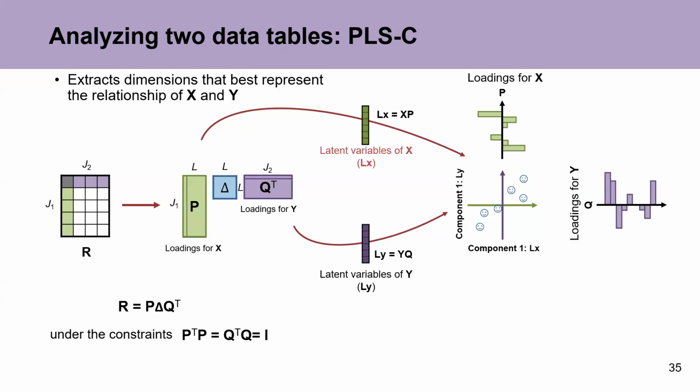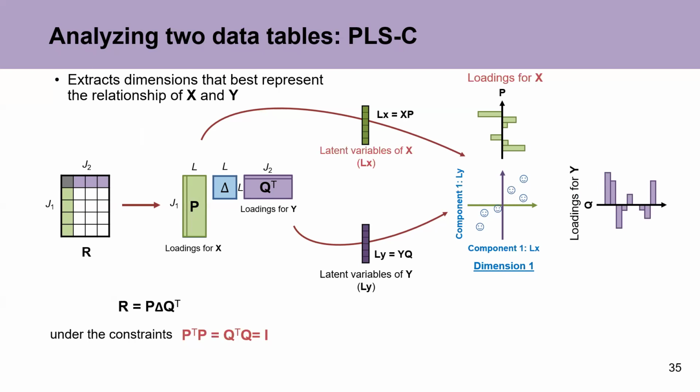So in PLS, the latent variables, like the new scores, with the loadings together give me a component, and then the component for my data X and my component for my data Y from the two tables together build a dimension. This is just how I want to synchronize the terminology here.